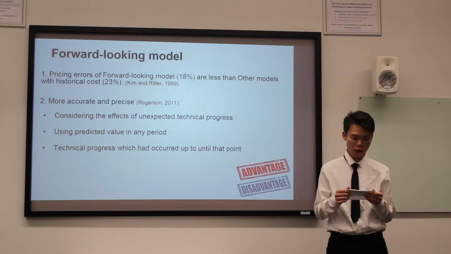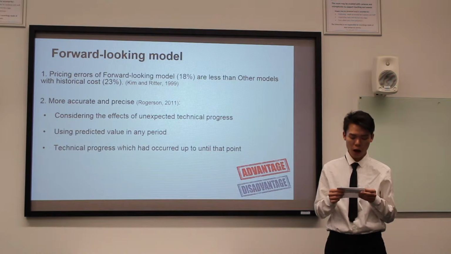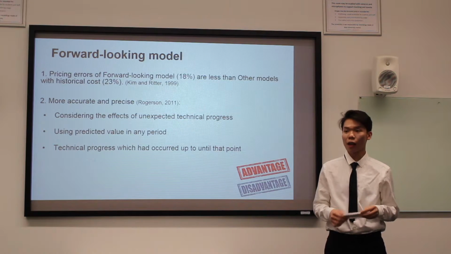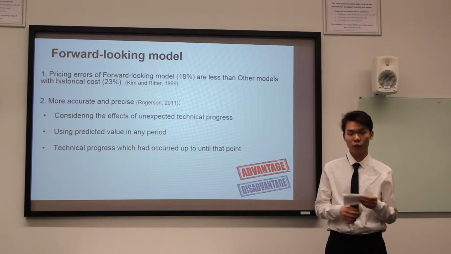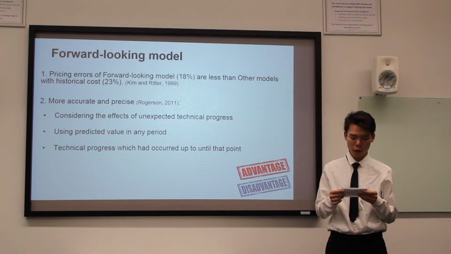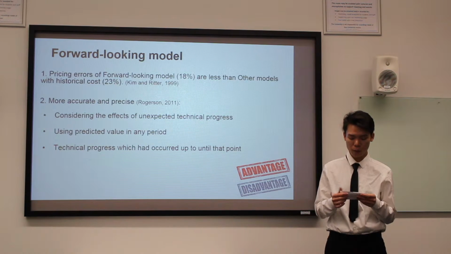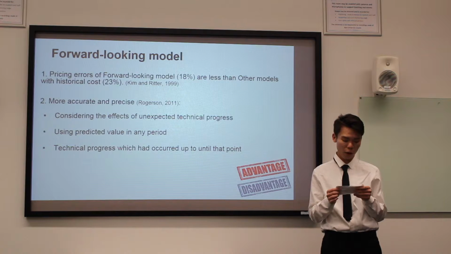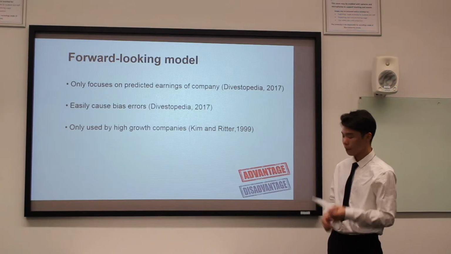He further points out that the forward model considers the effects of unexpected technological progress. However, in 2017, Investopedia reported that forward-looking models mainly focus on companies' predicted value, so they are more biased to error.